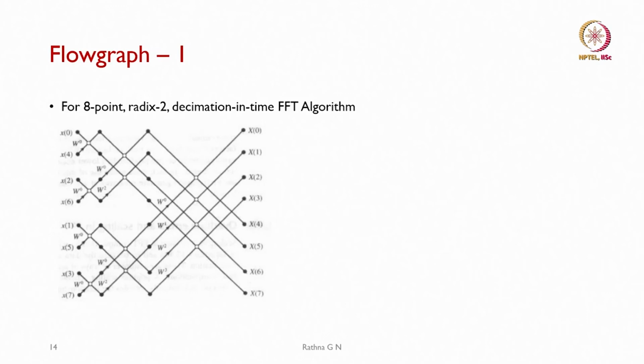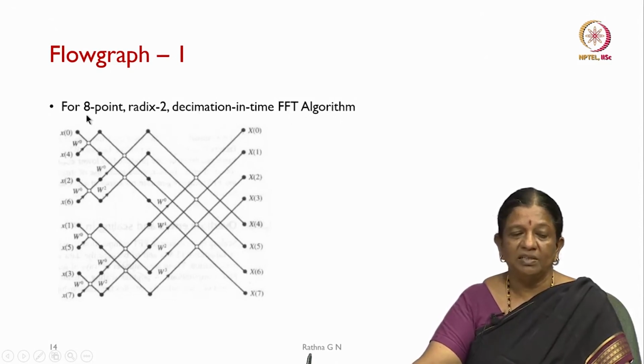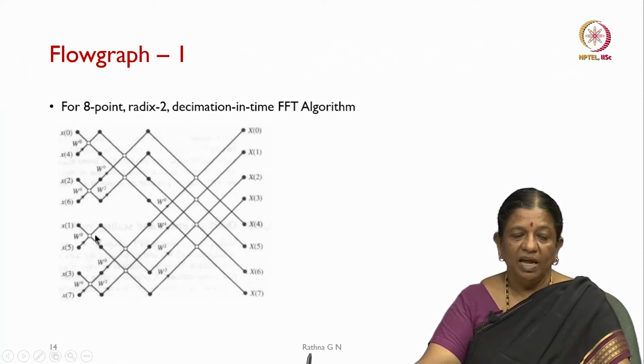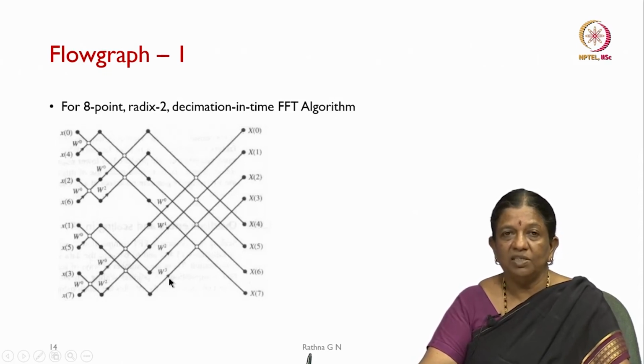Okay. So, we will see how our butterfly structure is represented in a flow graph, that is, the radix 2, 8 point decimation in time algorithm. You will see 4 butterflies here, and in the next stage also 4 butterflies, and in the last stage also butterflies, and multiplications and other things are represented with weight factors as shown.